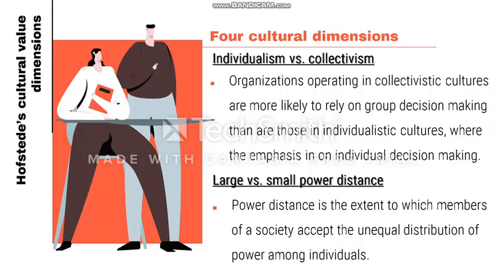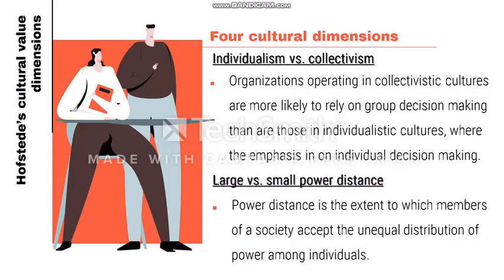Let's move on to the last part today, Hofstede's cultural value dimensions. Hofstede, a Dutch social psychologist, analyzed an employee survey database that contained more than 116,000 questionnaires from 72 countries.